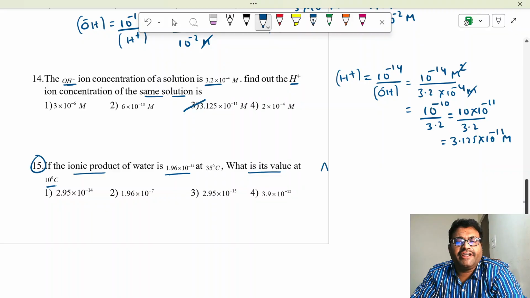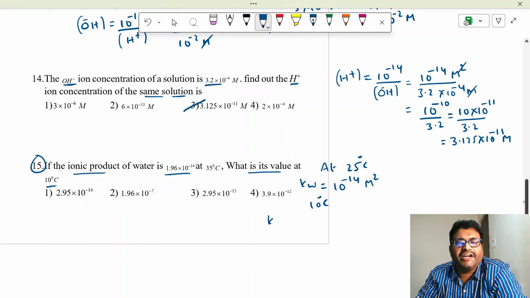So at 25 degrees centigrade, we have studied that the ionic product of water Kw is equal to 10 power minus 14 mole square per liter square, molar square. Then he is asking at 10 degrees centigrade. At 10 degrees centigrade, Kw will be less than 10 power minus 14 molar square. It will be less than this.